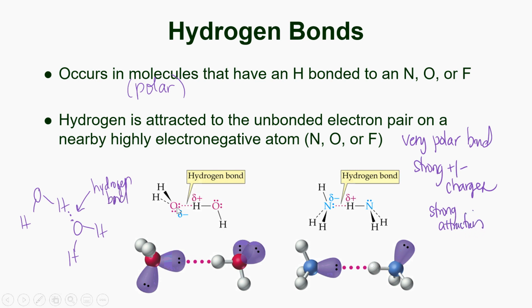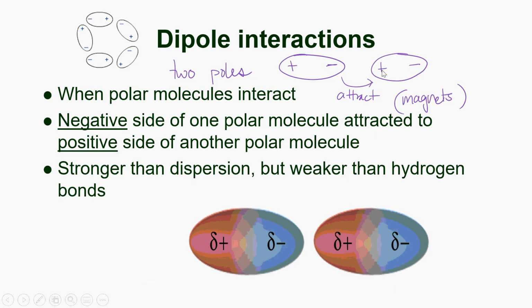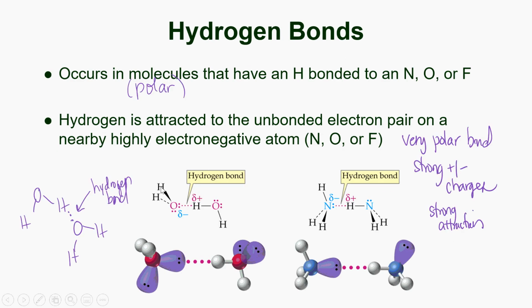So that's what a hydrogen bond looks like. It's pretty similar to just a dipole attraction, in that the positive side of one molecule attracts the negative side of another molecule. The difference is that when there's an H bonded to an O, N, or F, that bond is super polar, and that makes the attraction much stronger, so we give it its own special name. We call it a hydrogen bond.